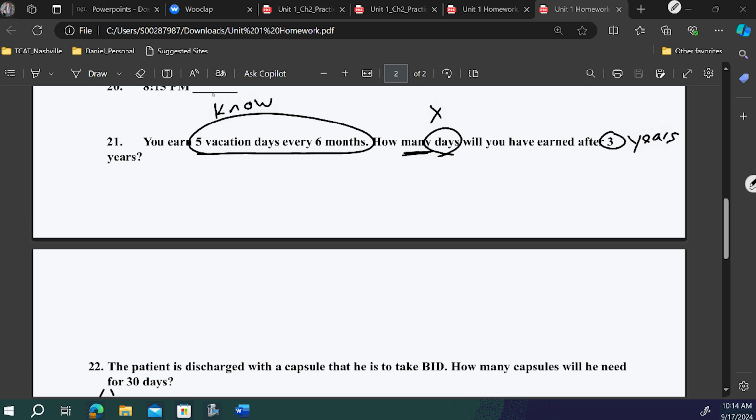You could theoretically change 6 months to 0.5 years and do it that way, and you would get the exact same answer because you didn't change how much 6 months is worth. 6 months is half a year, correct? So you didn't change anything. You converted. Conversion's not changing anything. I didn't change the value of the number.